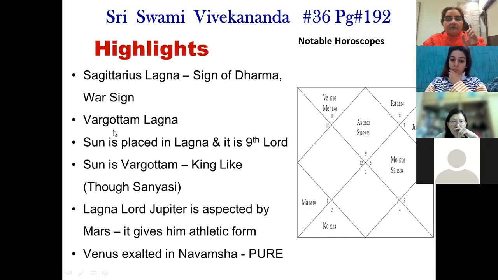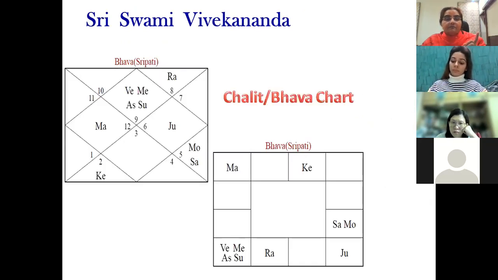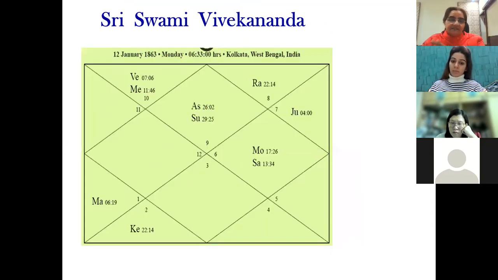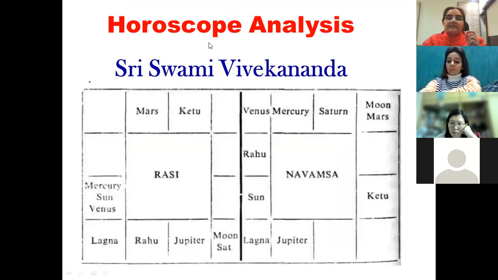Varguttam means when a planet is in the same sign in the main Lagna chart as in the Navamsa chart. It is also applicable for the Lagna. Both are common. Now, in my case, it is changing. Never mind. Let us go with what B V Raman is saying.